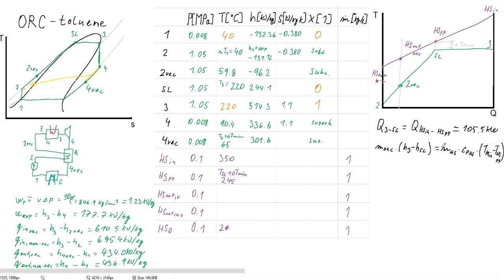and just the difference in the enthalpies of the ORC fluid makes a different value of the mass flow rate of the ORC, which now, once we know this 105.5 kilowatts and we know the enthalpies here, so this is the only unknown, will be 0.39 kilogram per second.